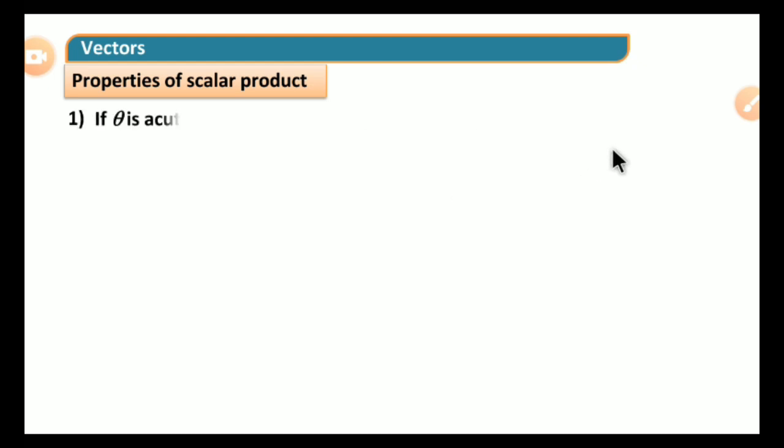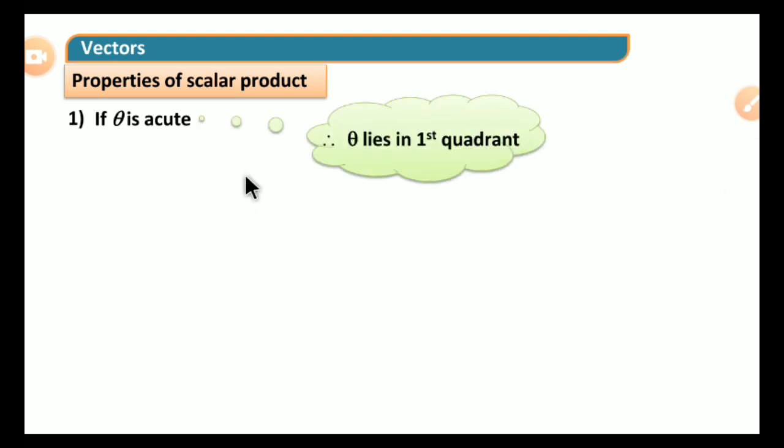Then we will see properties of scalar product. The first property: if theta is acute, meaning the angle is less than 90 degrees, then theta lies in the first quadrant, because acute angles are present in the first quadrant. Therefore cos theta is positive, because in the first quadrant all the trigonometric ratios are positive.